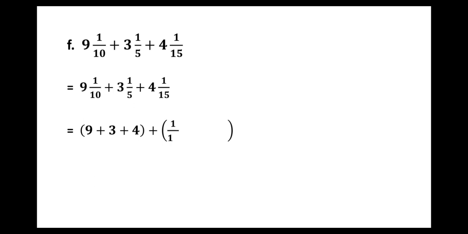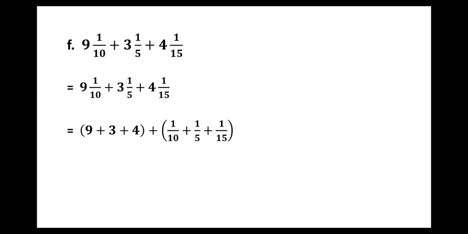So first of all, in the first step, we separate the whole part and the fractional part. So 9 plus 3 plus 4 are the whole parts of these mixed fractions, and 1 upon 10 plus 1 upon 5 plus 1 upon 15 are the fractional part. So we write both parts separately.